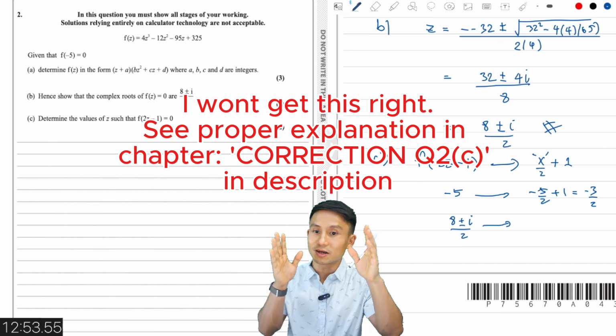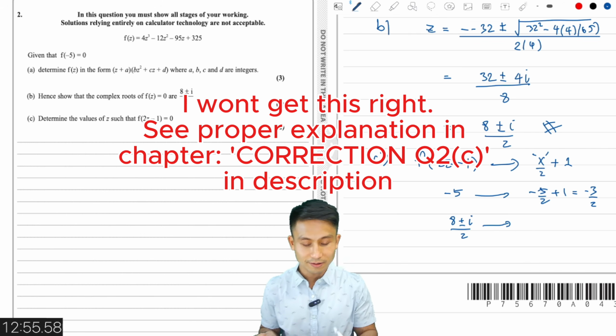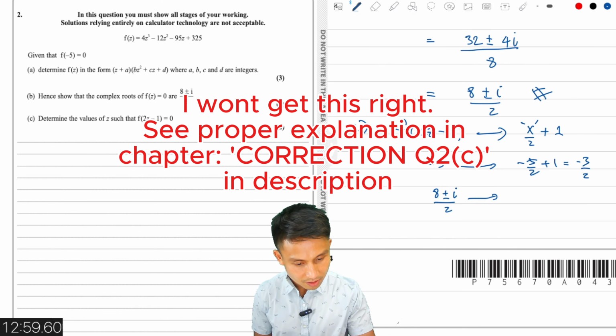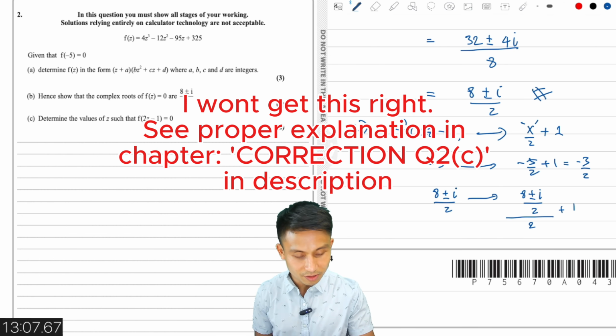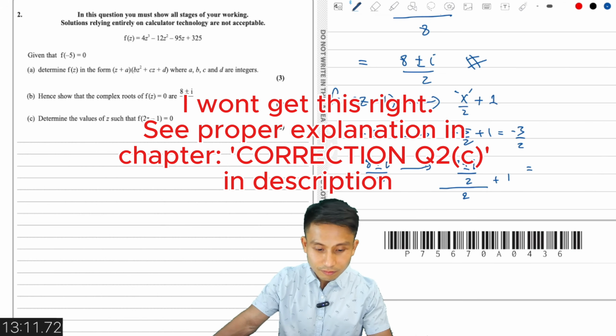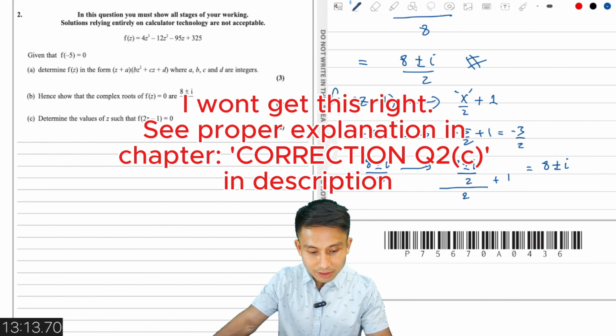It's only going to affect the real part, basically. All right. So that's going to be 8 plus or minus i over 2 divided by 2, right? And plus 1. What's that going to be? So that's going to be 8 plus or minus i divided by 4 plus 1.